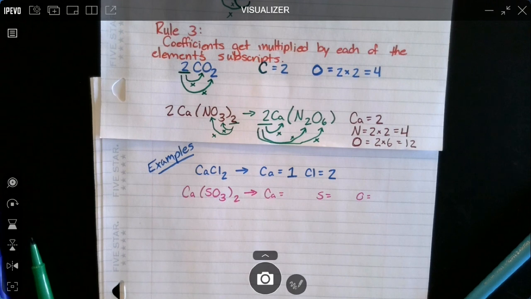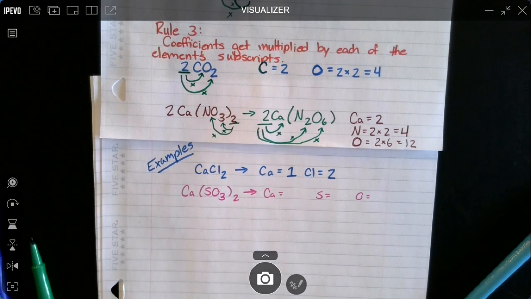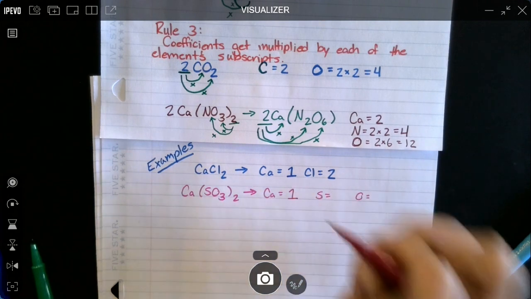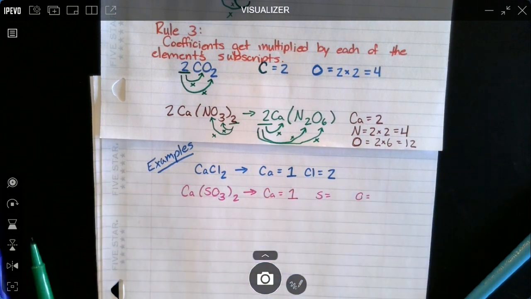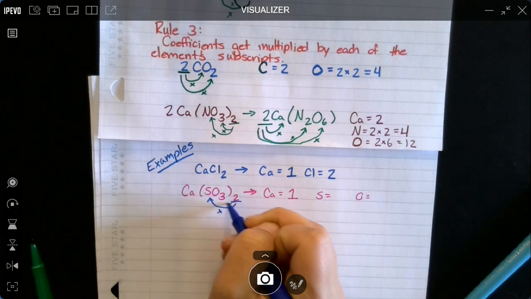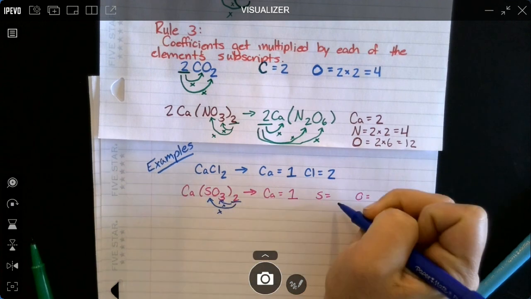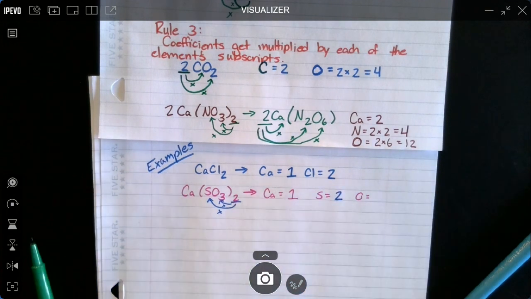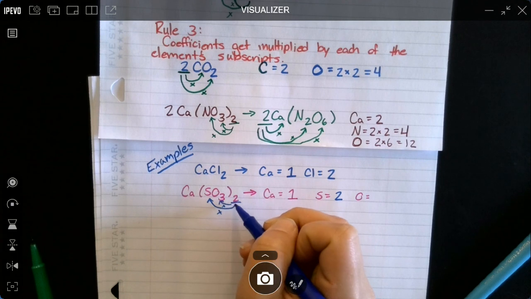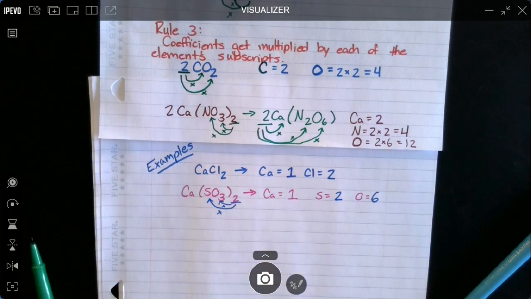Guadalupe, how many Ca's do you think we have? 1. Perfect. Valerie, how many S's do you think we have? 2. Yep. Distribute that 2. So we have 2 S's. And then, Mal, how many O's do you think we have? Times 2? 6. Perfect.